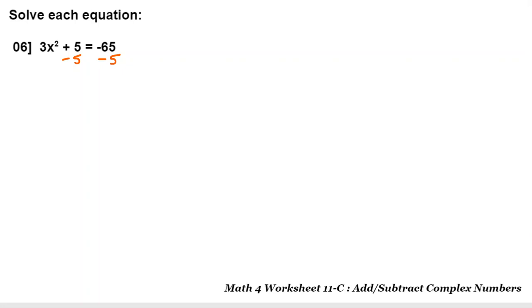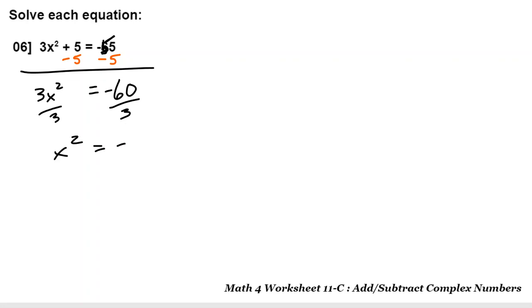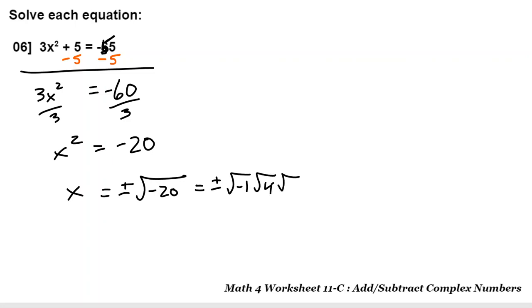What I wanted was for that to become negative 60, which means that that has to be 55. All right, so that when we do this, we have negative 60, which we divide by 3. We have that equals negative 20. Which we can split up into 4 and 5. And handle it that way.